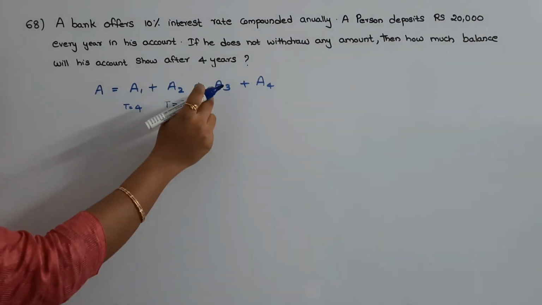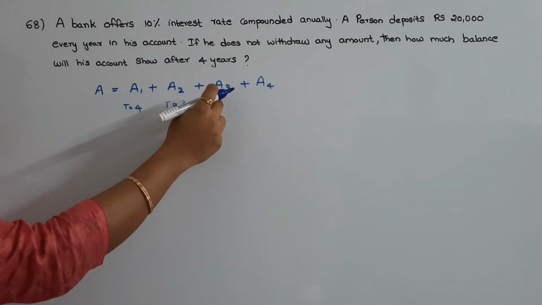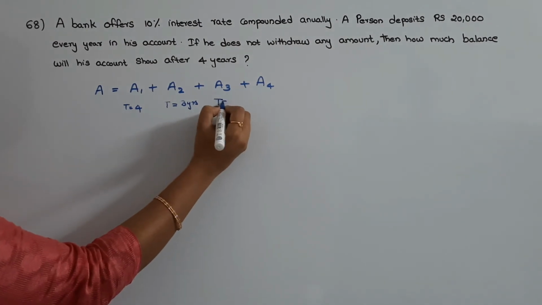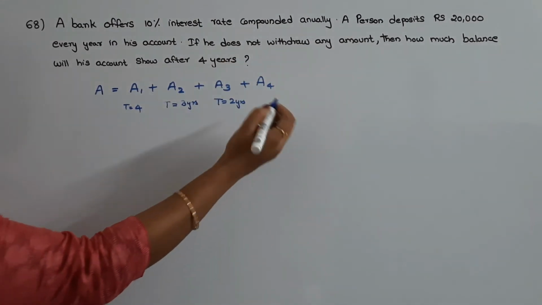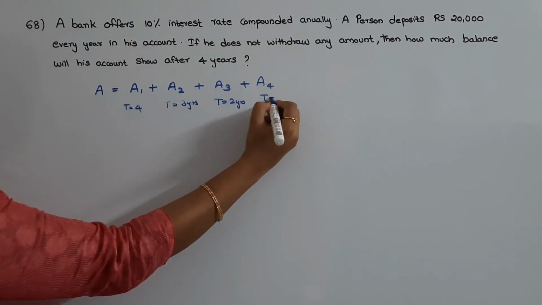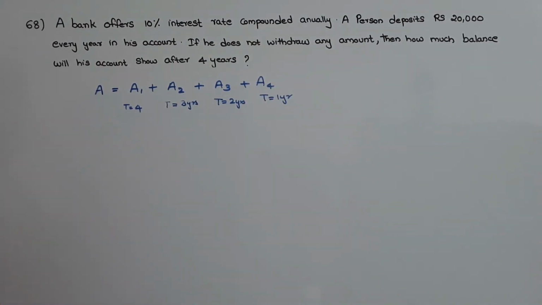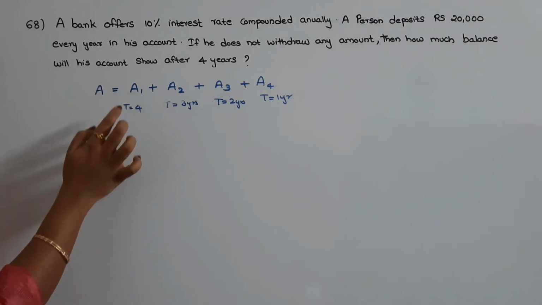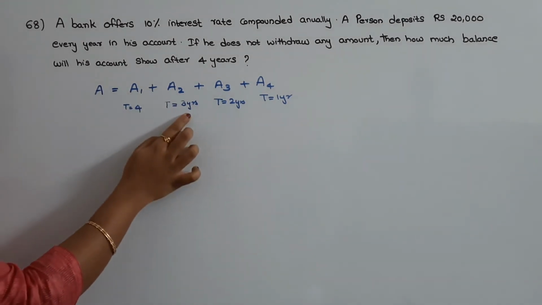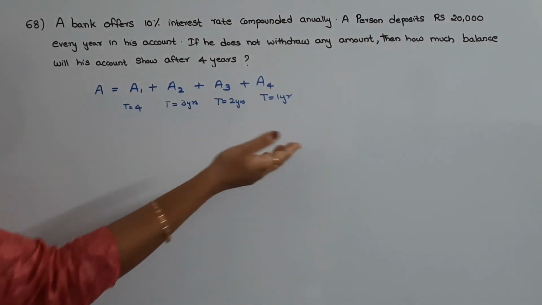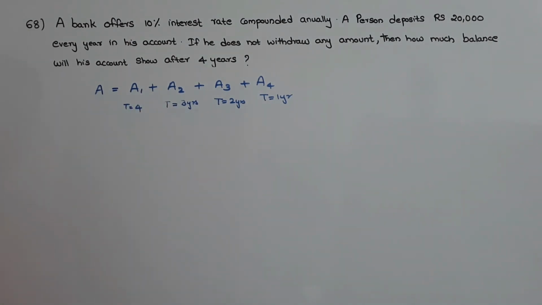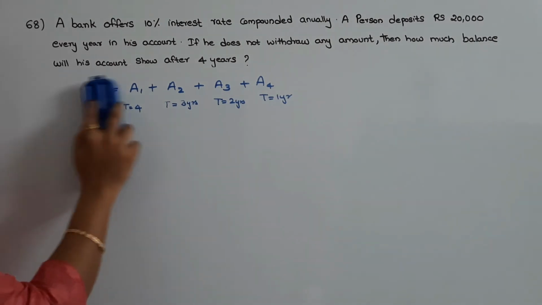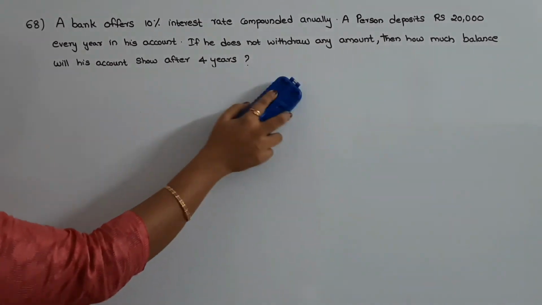And for the money he deposited in the third year, time period will be equal to 2 years. And for the money he deposited in the fourth year, time period will be equal to 1 year. So we need to find out the amount for the time period 4 years, then 3 years, then 2 years, then 1 year. And adding all those amounts, we will get the total amount. So let us see how to solve this by Pascal's triangle method.